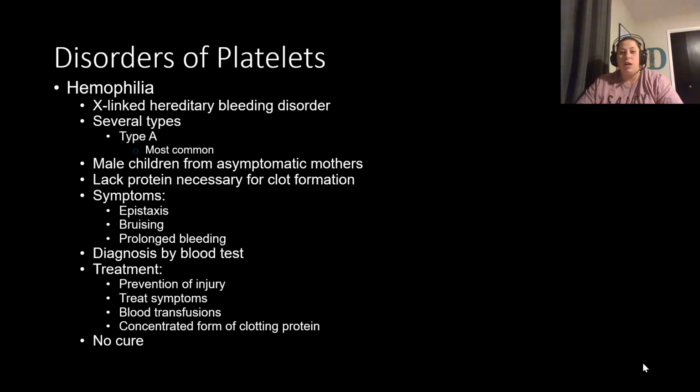If injury does occur, treat the symptoms. Blood transfusions might need to be done, and a concentrated form of clotting protein. So if they're missing a certain clotting protein, let's just say they were missing clotting protein 9, we would want to give them that number 9 protein. All right, now that we know the different types of hemophilia and what protein's missing, we can give more direct treatment. Again, though, there is no cure for this.